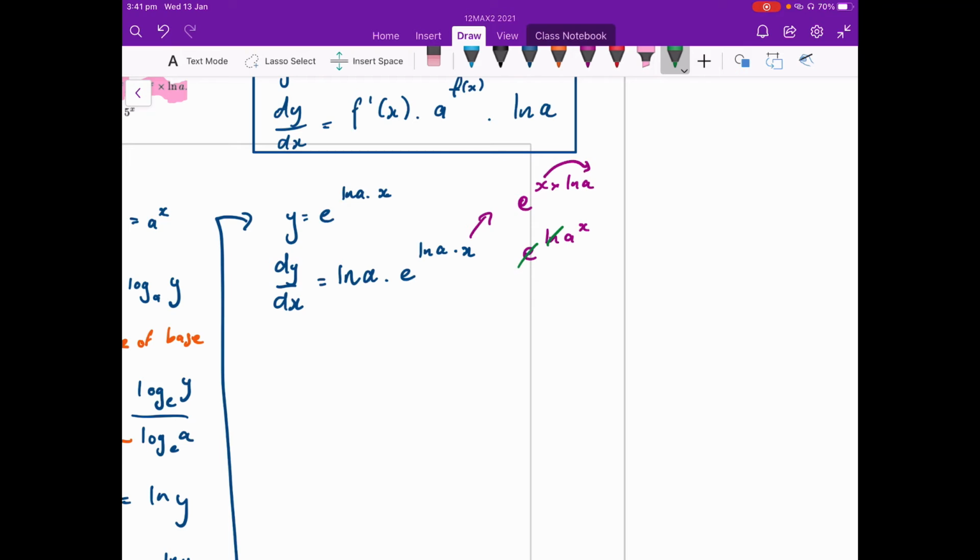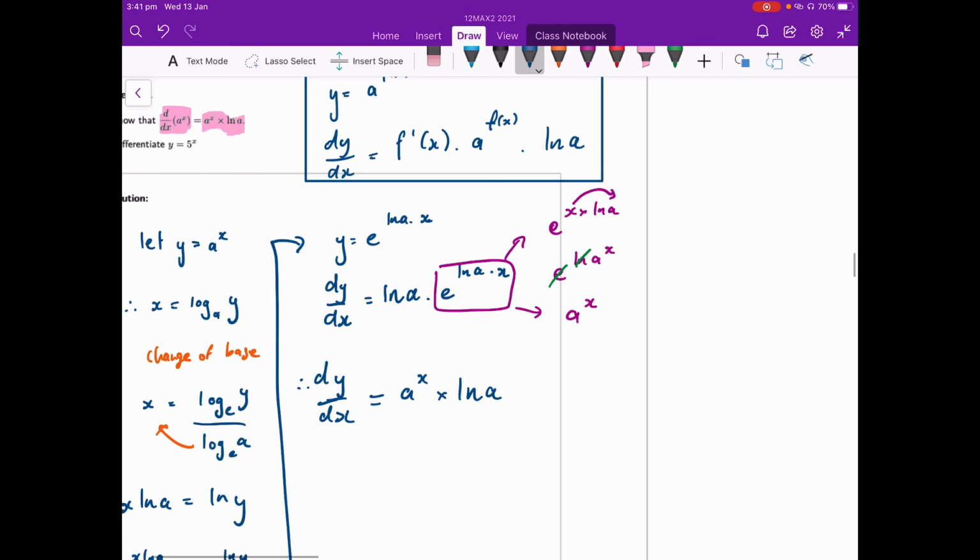The ln and the e will cancel, leaving this part to just be a to the x. So therefore dy/dx is equal to a to the x multiplied by ln a. And that is what we were looking for.